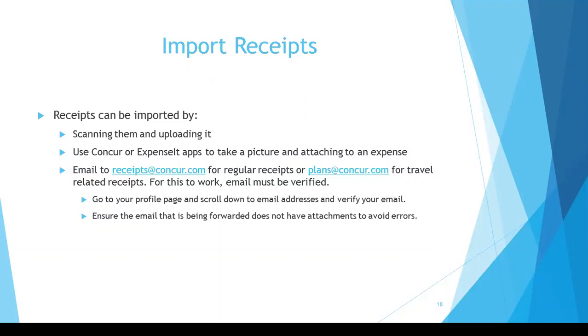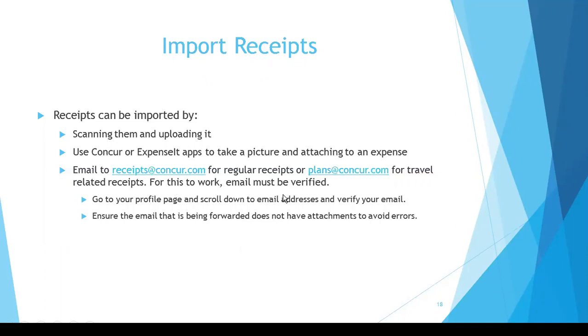And it can also do the small amount receipts, the $5 receipt, if you prefer to do that. And finally, you can also email your receipts to receipts@concur.com for the regular receipts, and plans@concur.com for the travel-related receipts.